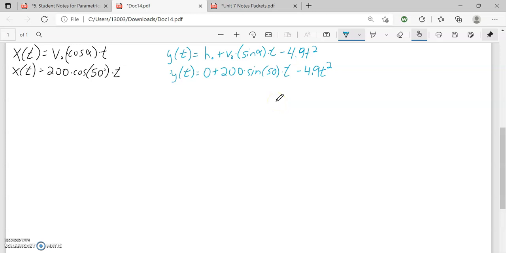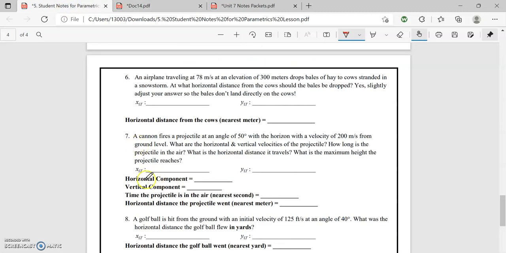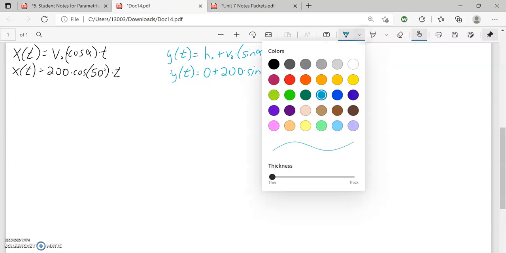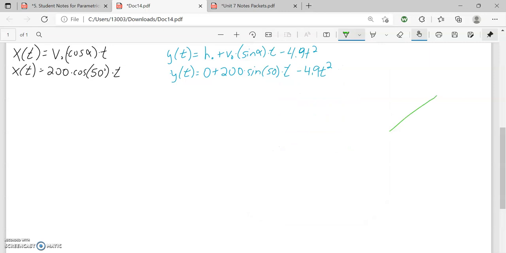So we have these set up. It's asking a sub question here. It's asking for the horizontal component of 200 meters per second. What that means is I am firing a projectile at 50 degrees, and the exact angle of 50 degrees gets 200 meters per second of magnitude.